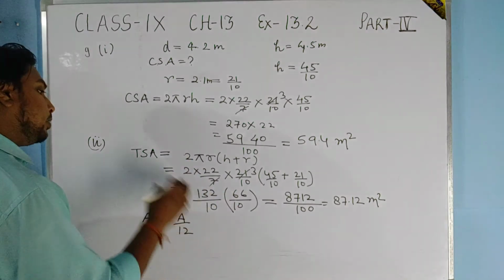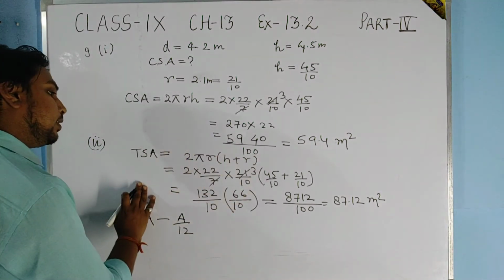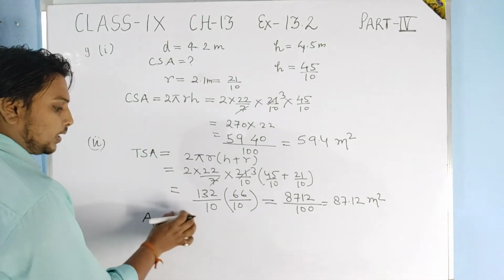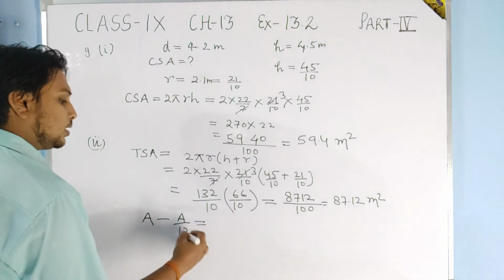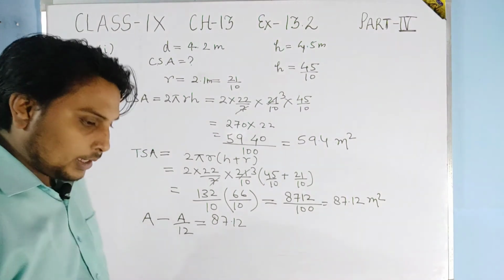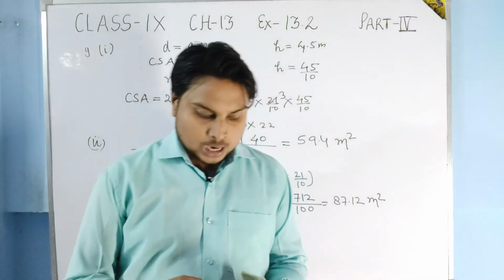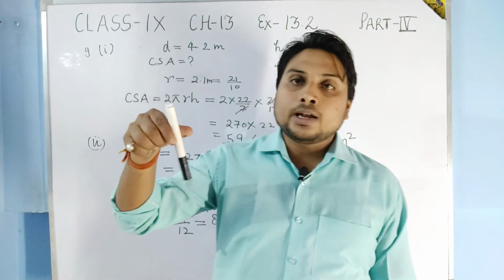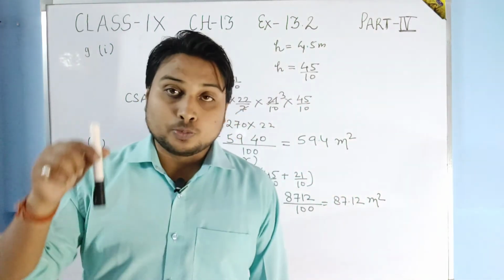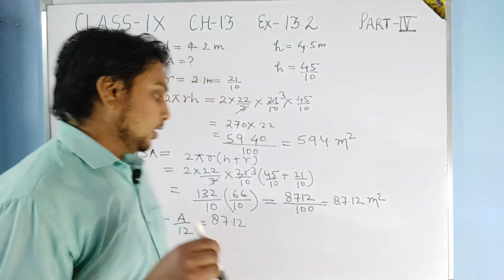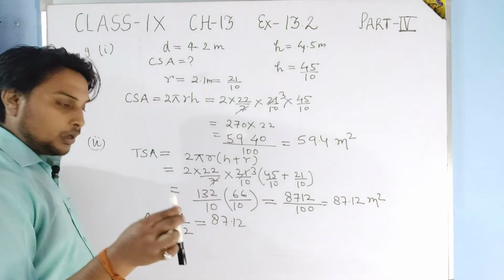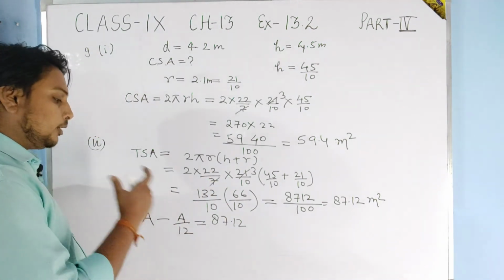So when we find the total surface area of the cylindrical tank, that is this A minus A by 12, because when you are finding the total surface area of the cylinder, you get whatever material is required to make this cylinder. So it is 87.12, the total surface area of the cylinder, but how much steel was already there?